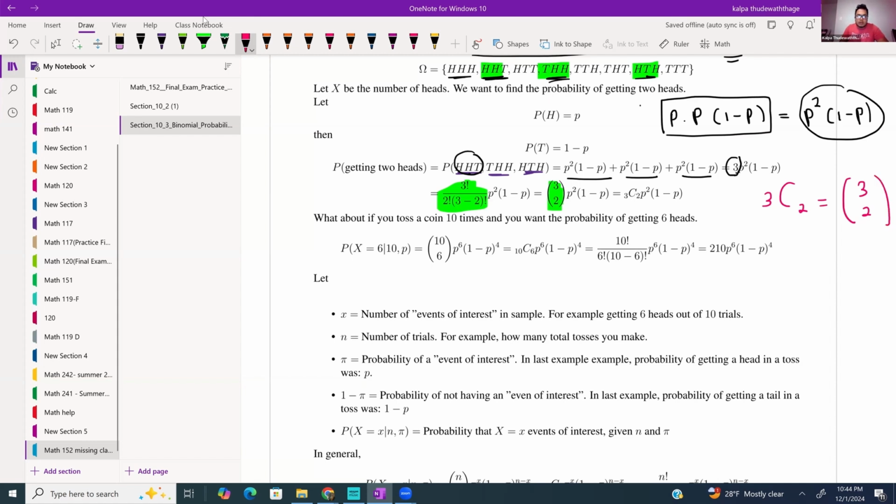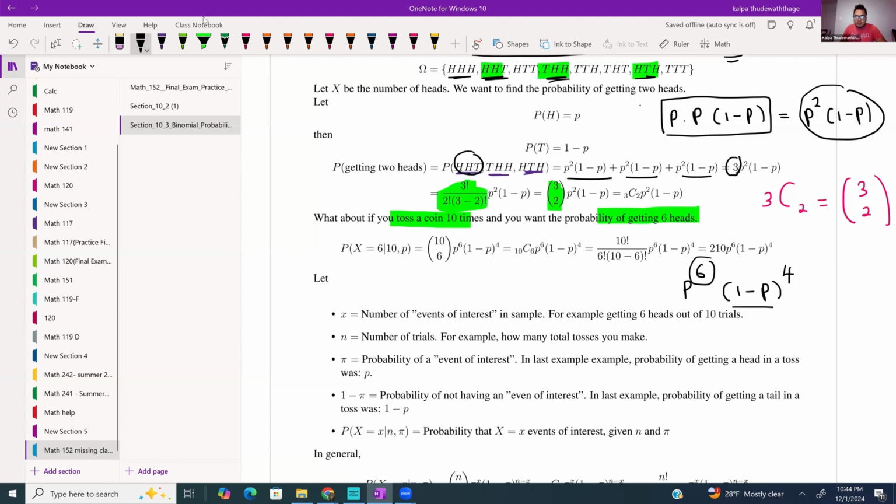Okay. So I asked the question, what if you toss a coin 10 times and you get 6 heads? Just think, if you get 6 heads, you have P to the power 6 because 6 times the head happens. If 6 times head happens, how many times does the tail happen? 4 times, because you are tossing a coin 10 times total.